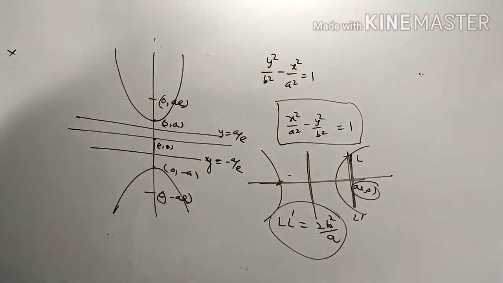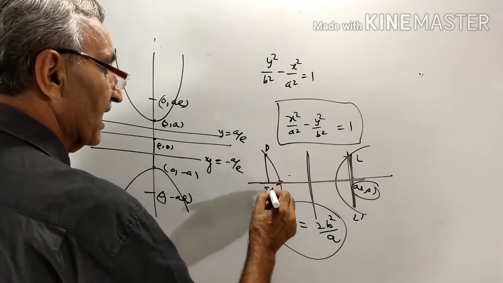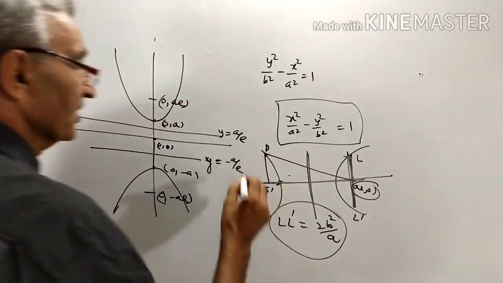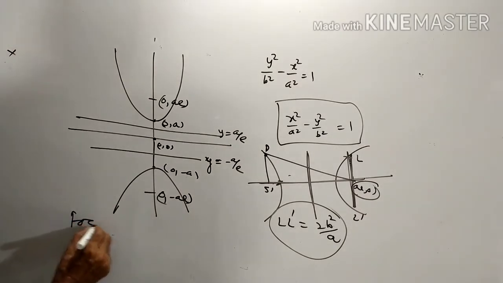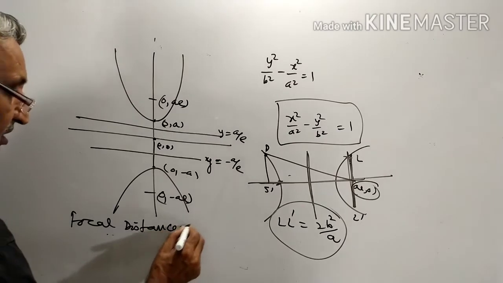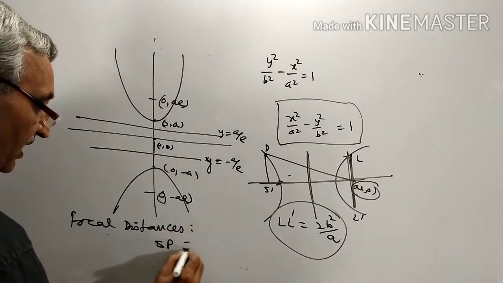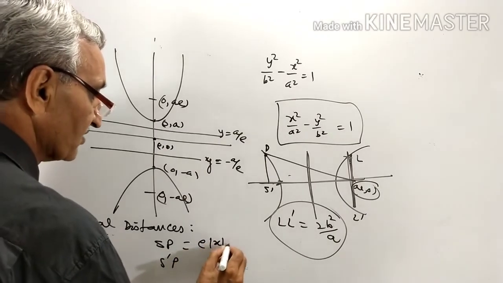And what are the focal distances? Here there is a point S' and this is S. These are the focal distances. The focal distances SP and S'P are equal to e into modulus of x minus a.